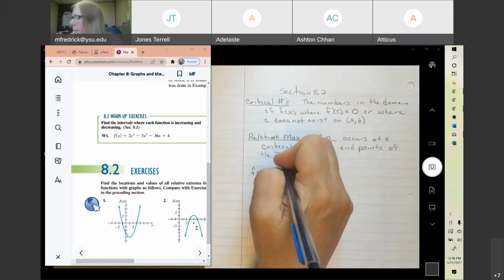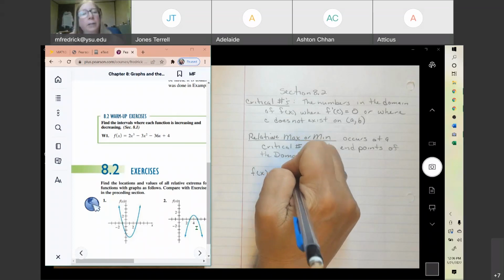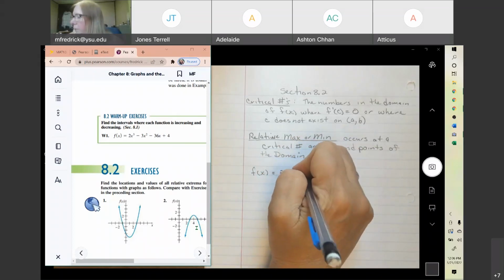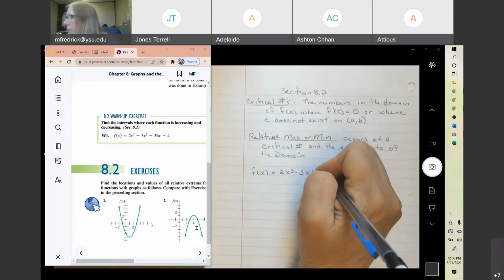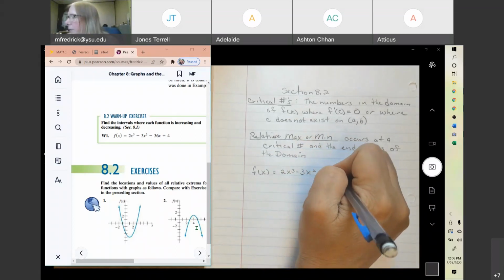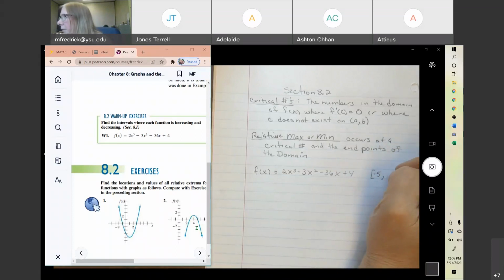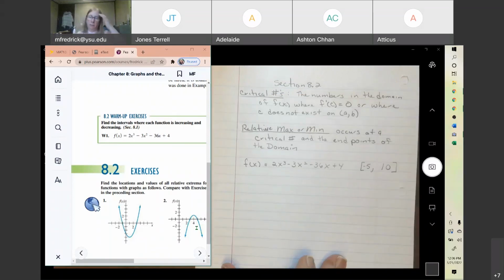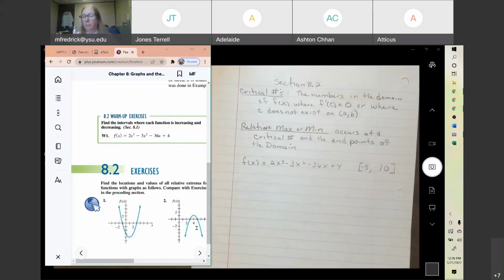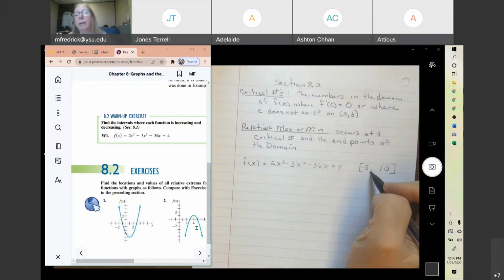So if we look at f of x equals 2x cubed minus 3x squared minus 36x plus 4 from negative 5 to 10, so this would be our domain.